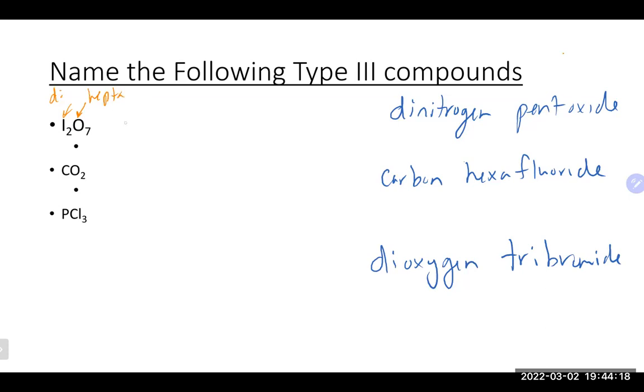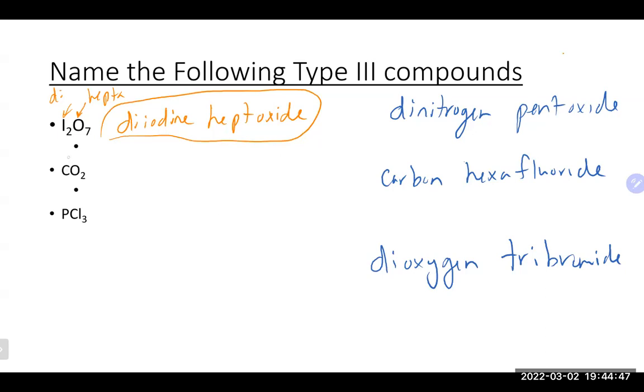And remember, we will go with di on the entire name of the first element, which would be diiodine. The two I's are okay in this case. Oxygen as the second name gets the IDE treatment. We will get an A and an O that back up, so we just want to drop the A off of the prefix there. We end up with diiodine heptoxide there. Question on that one?